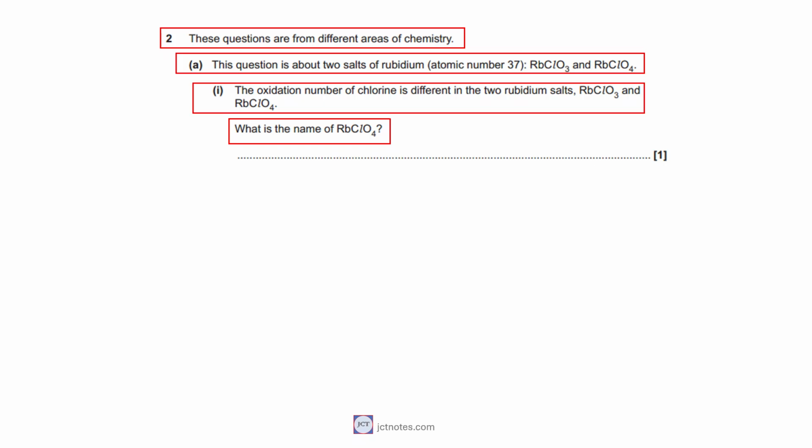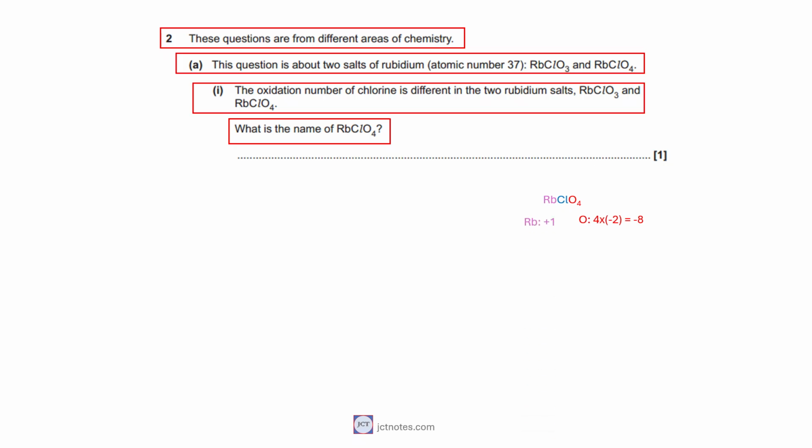To determine the oxidation number of chlorine in RbClO4, we need to consider the oxidation numbers of the other elements. Oxygen usually has an oxidation number of -2. The main exceptions are peroxides and compounds containing fluorine. Since there are 4 oxygen atoms, their total contribution is 4 multiplied by -2, which gives -8.